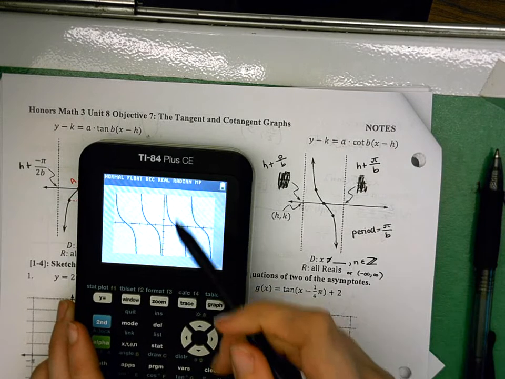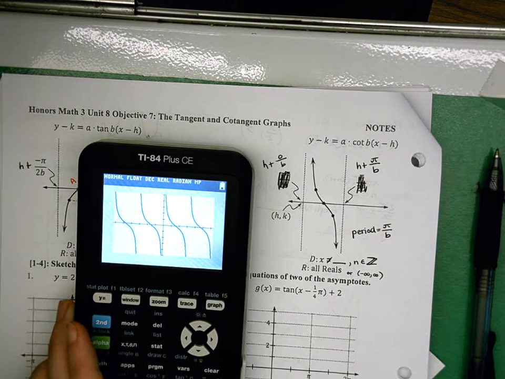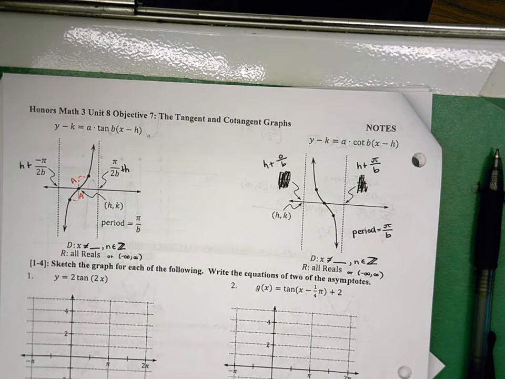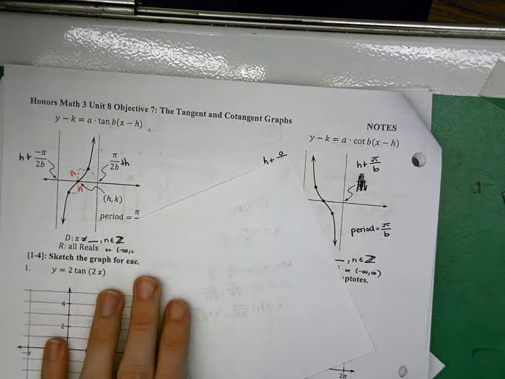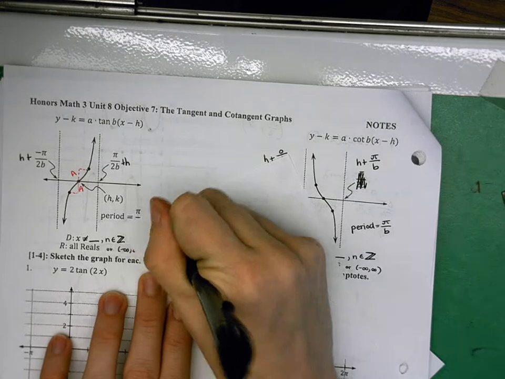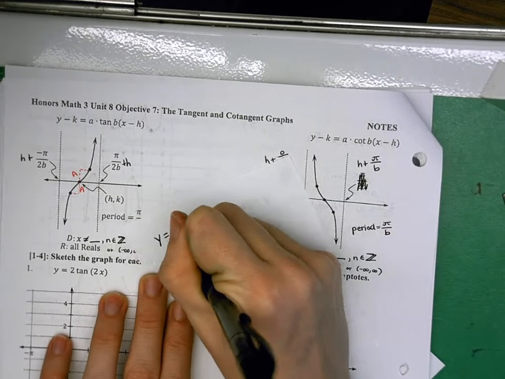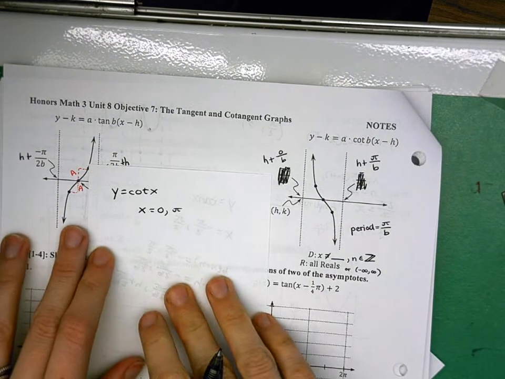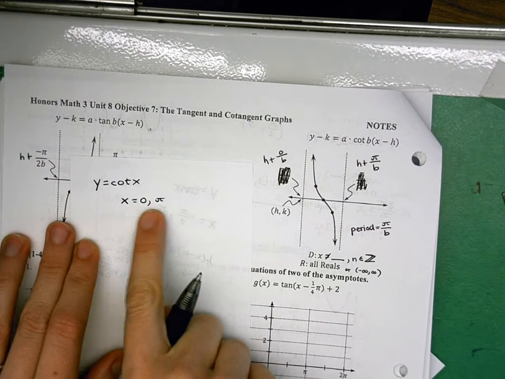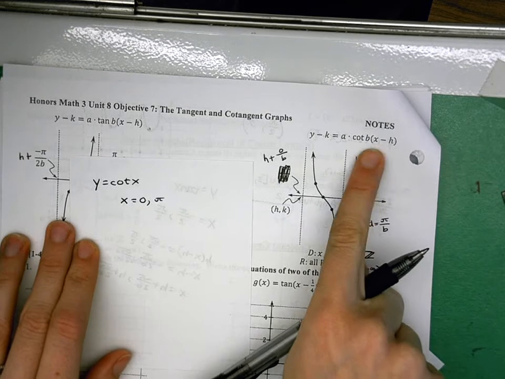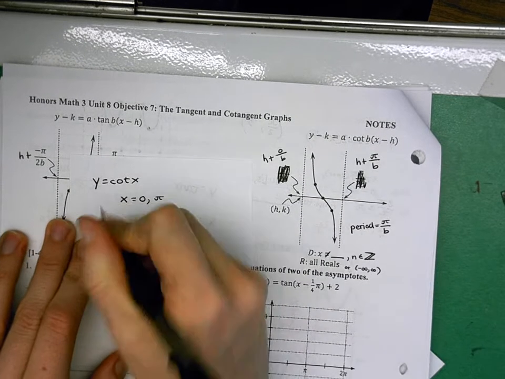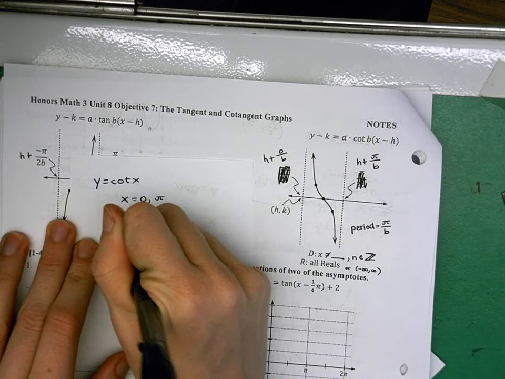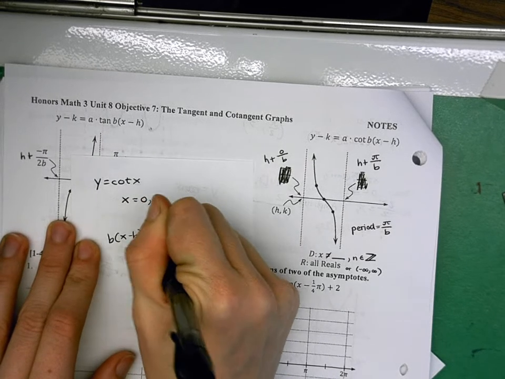Okay? Your two asymptotes for cotangent exist at 0 and pi, and so similar to tangent, since cotangent x has asymptotes at 0 and pi, x would be 0, x would be pi, the guts of that cotangent there. Since my guts over here are b times x minus h, that's what's going to equal the 0 and pi.